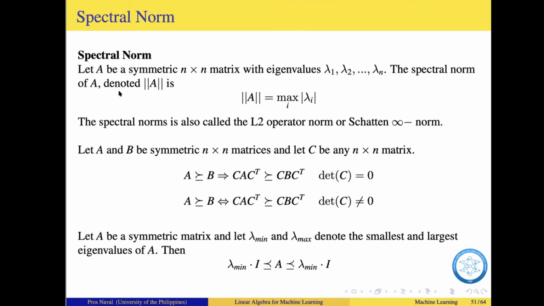The spectral norm of A, denoted this way, is just the maximum of the absolute value of the eigenvalues. So we take the absolute values of each of these and pick the one with the largest value.